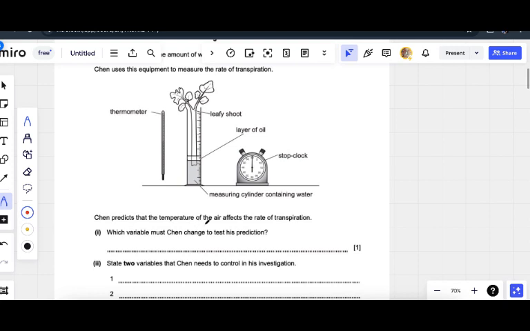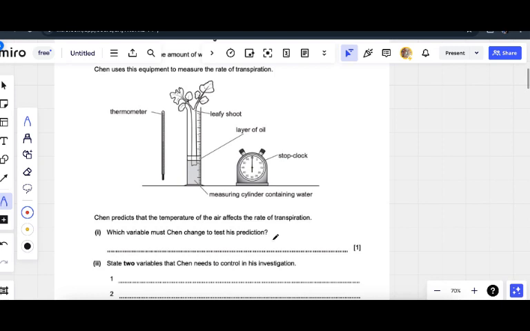Chen predicts that the temperature of the air affects the rate of transpiration. Which variable must Chen change to test his prediction?